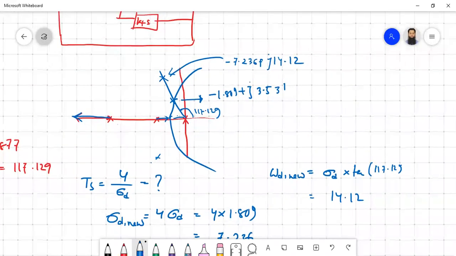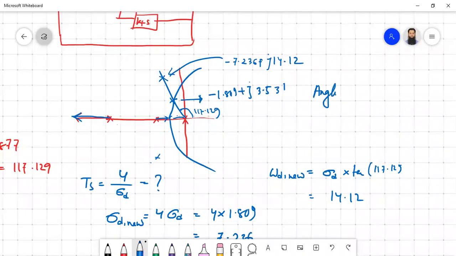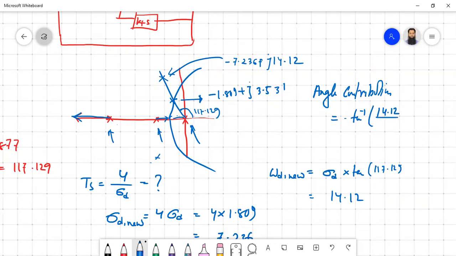So basically, the angle contribution: you just have to apply the tan inverse, because all of them are actually poles, so all of them will be negative. So negative tan inverse. For this one, the pole value, basically height 14.12 divided by 7.236. So similarly, you have to find out all the angles.